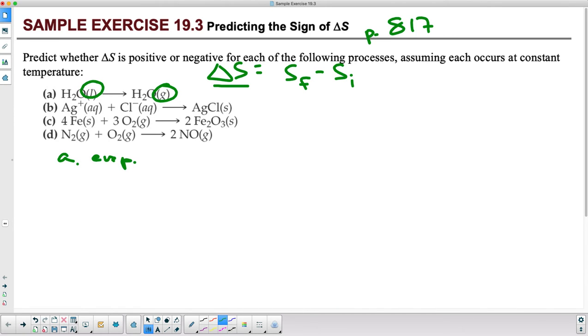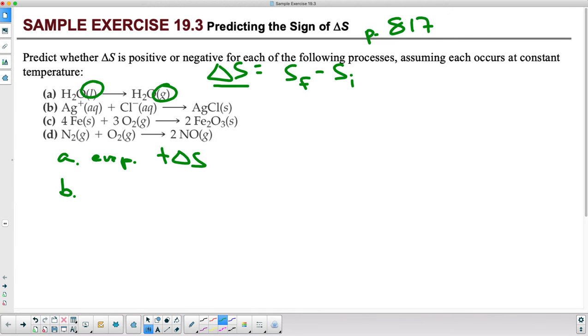Evaporation is clearly a case where the molecules go to a higher state of randomness, because solid to liquid is an increase of randomness, liquid to gas is an increase of randomness, and of course, a solid to a gas is an increase of randomness. So that means we have a positive delta S because we're increasing the randomness from the reactants to the products.